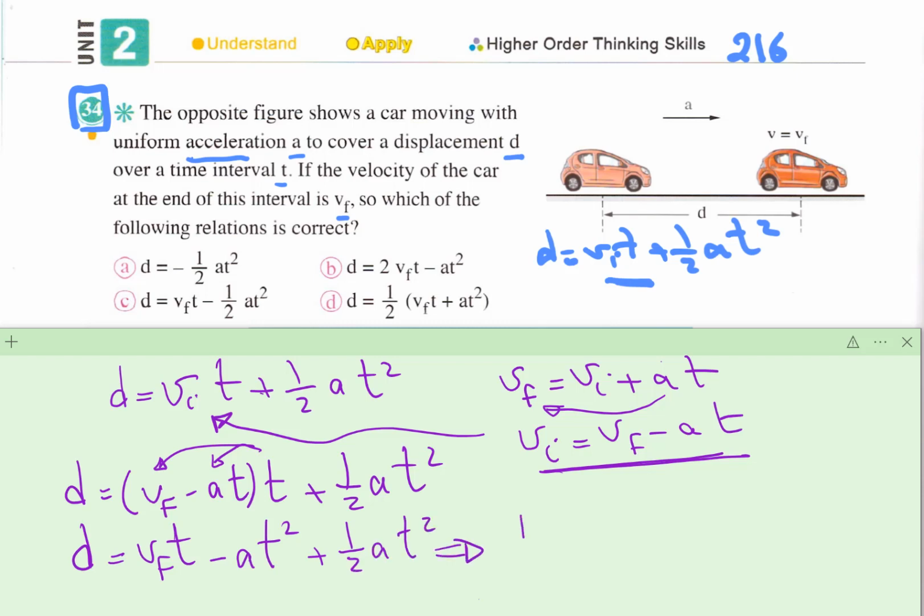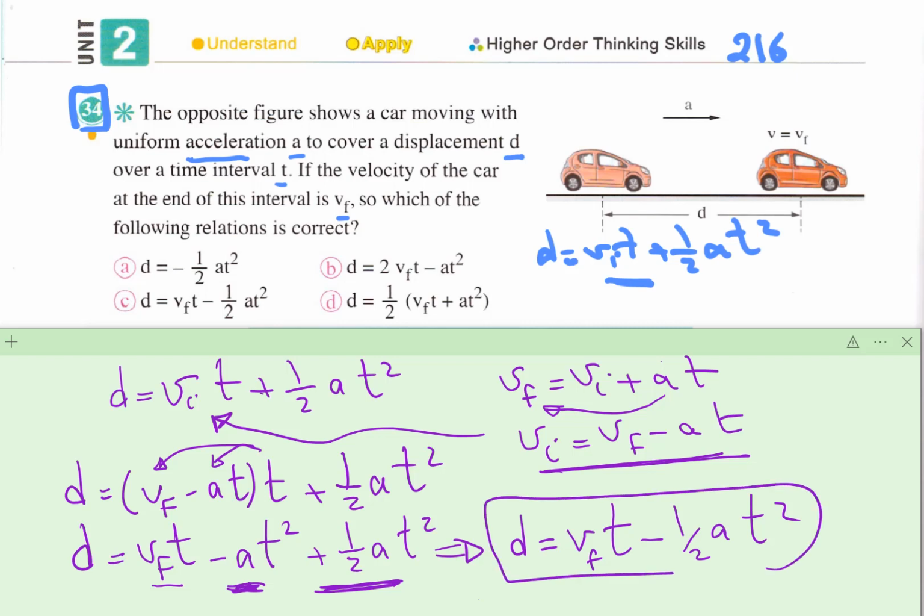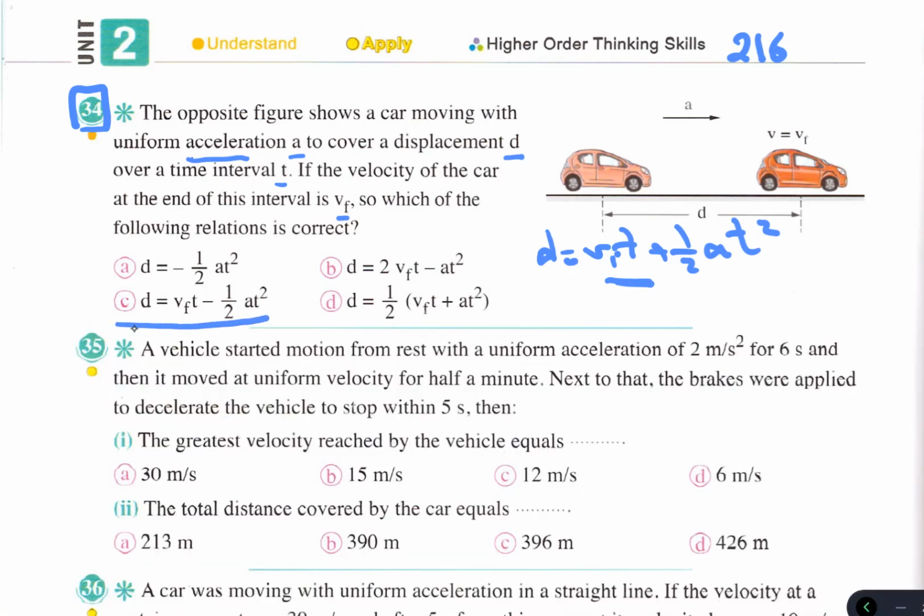So minus AT square plus half AT square means minus half AT square. This answer is found in choice C, as you can see. Okay, guys?